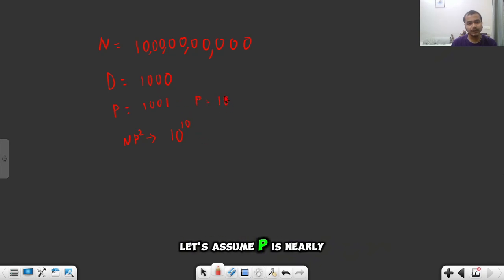Let's assume p is nearly the order of 10 cube. Then p square will be the order of 10 power 6. And multiplying by that, this is going to be 10 power 16. This is a hell of a lot of time consumed. We don't have this much time or money to spend on computing this.